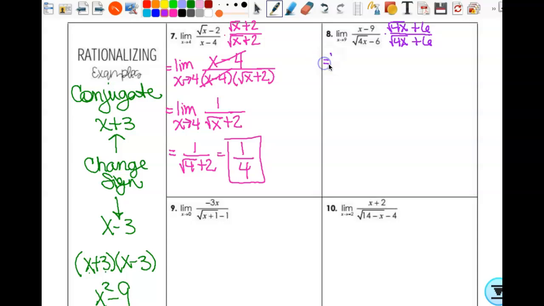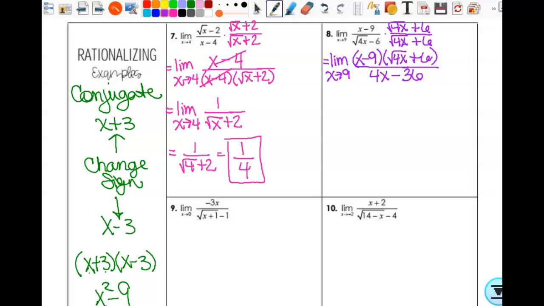So then this is going to give me the limit as x approaches 9 of, now in the numerator, I'm just going to leave it as x minus 9 times the square root of 4x plus 6. In the denominator, I have a difference of squares. So I square that first term, and that'll just give me 4x minus, I square the second term, and I get 36.